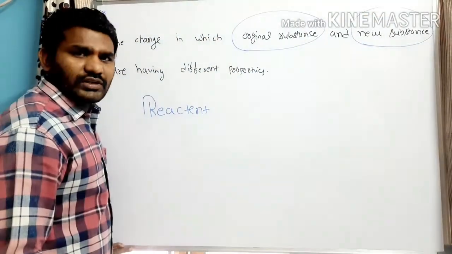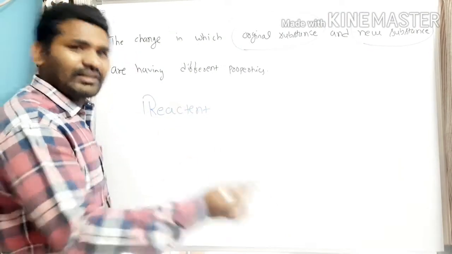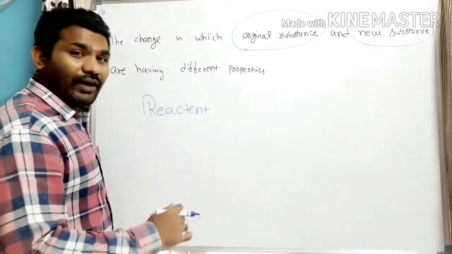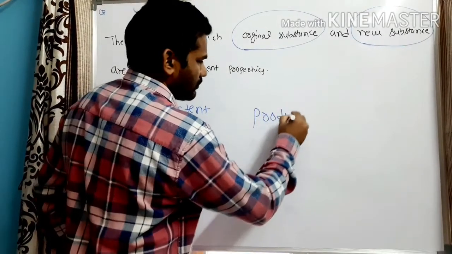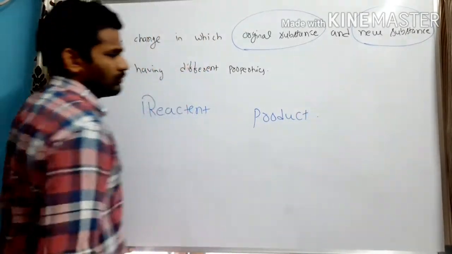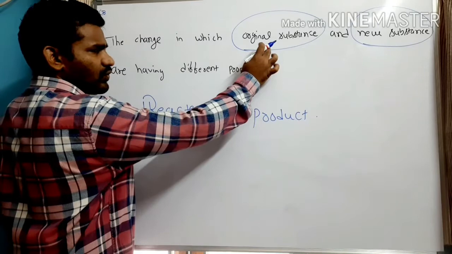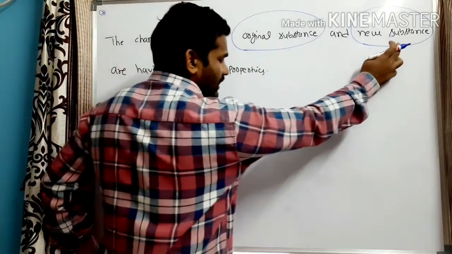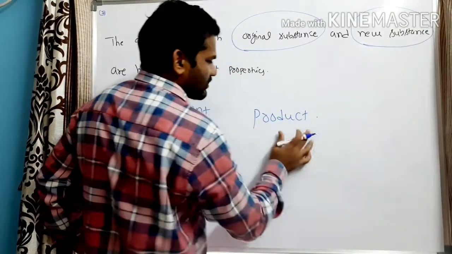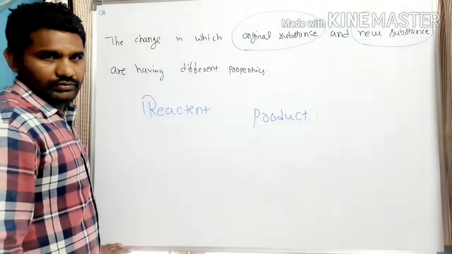The new substance formed after the reaction or after the change is called a product. Original substance which undergoes reaction is called reactant. The new substance formed after the reaction is called a product.